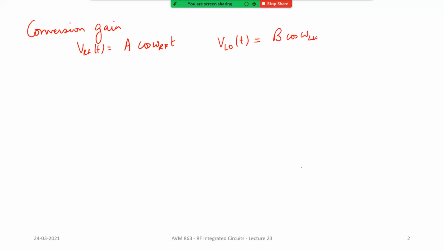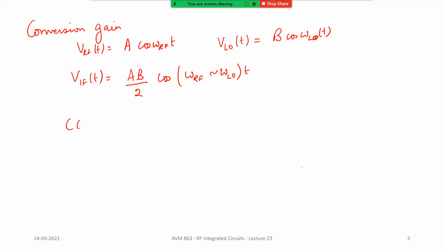Now we looked at the notion of conversion gain, and for the previous example, if we had VRF of t as A cos omega RF t, and VLO of t was given by B cos omega LO t, now the VIF of t was given by AB by 2 cos (omega RF minus omega LO) t, right?